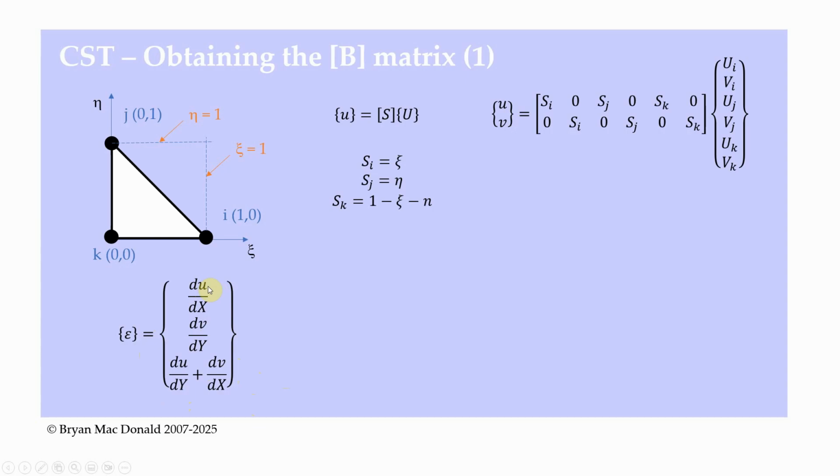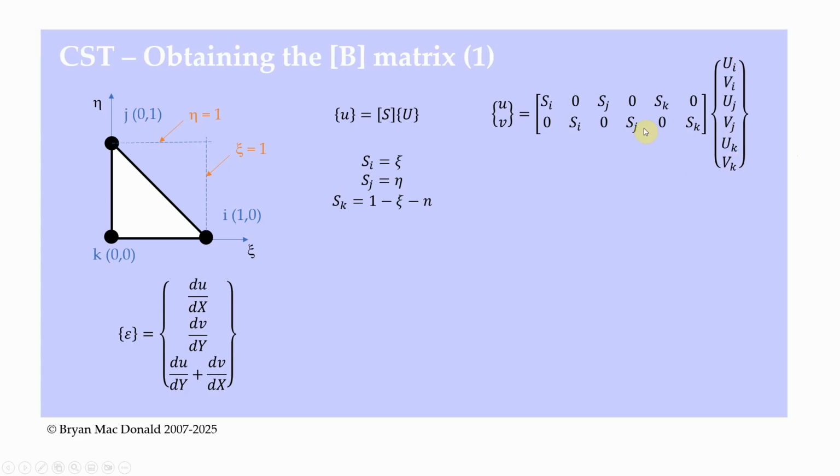If we take u for an example, we have du/dx. We can replace u, a generalized displacement, with S times u, where S is the shape function matrix, and u is the vector of nodal displacements. In other words, a list of the displacements of each node in the x and y direction.